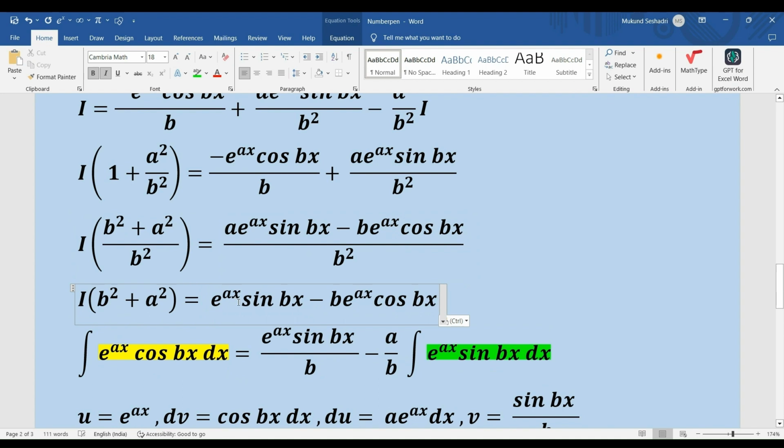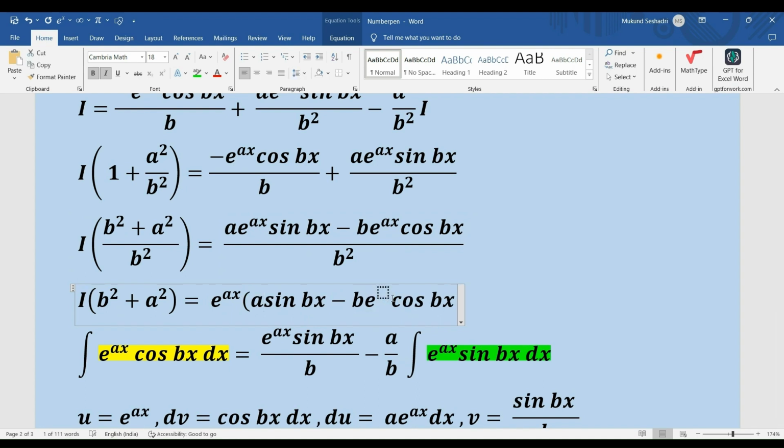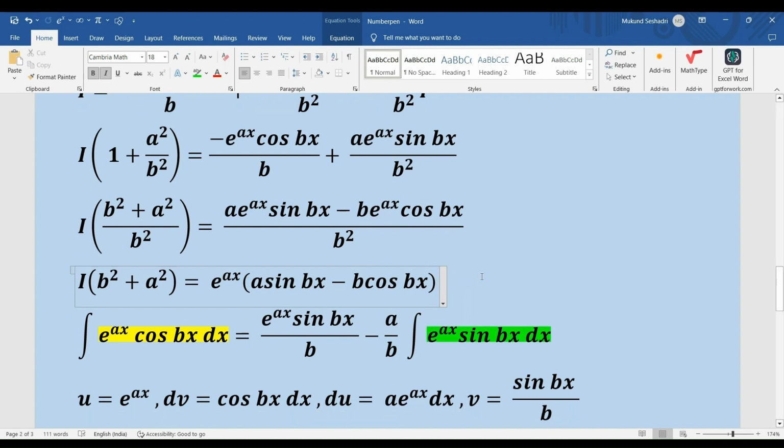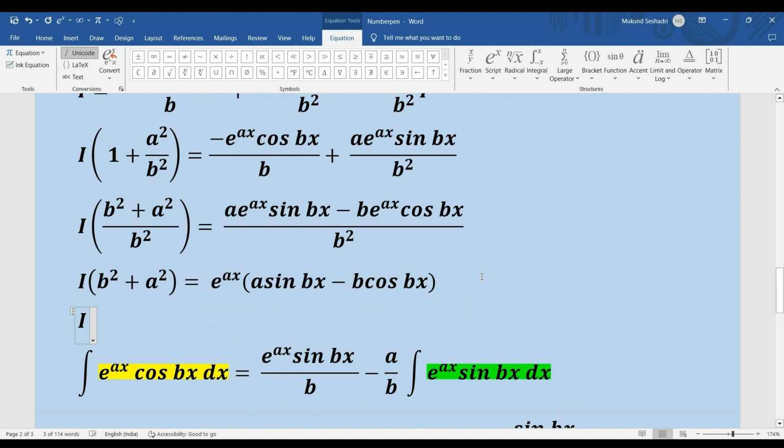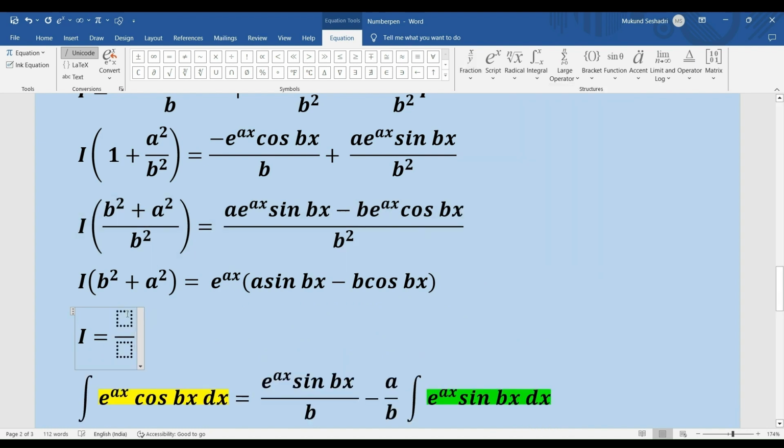And I know that I can pull out my e to the power ax because that is a common factor. My RHS becomes e to the power ax times a sine bx minus b cos bx, and my LHS is I times b square plus a square, and I'm left with I equals, I will put it in my x by y format.